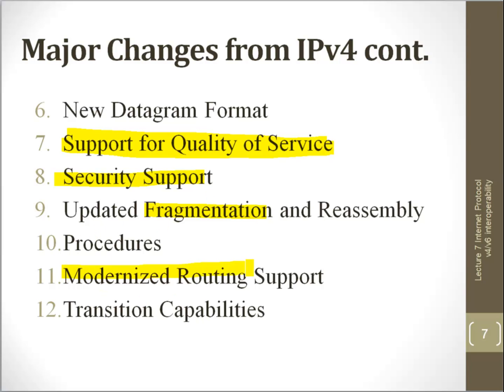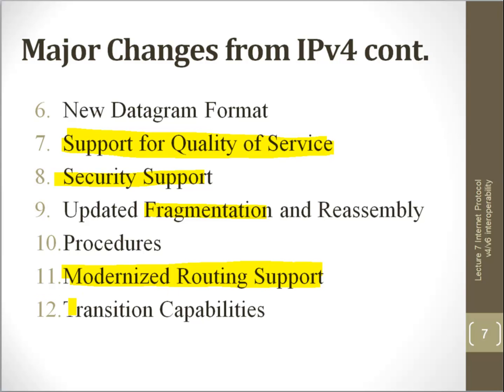Modernized routing support. IPv6 packets have different protocols available. We know the normal protocols like RIP, IGRP, EIGRP, OSPF, which are in the IPv4 network. If you go for the IPv6 network, we have some specialized protocols, like OSPFv3. There are different protocols available for IPv6 itself.